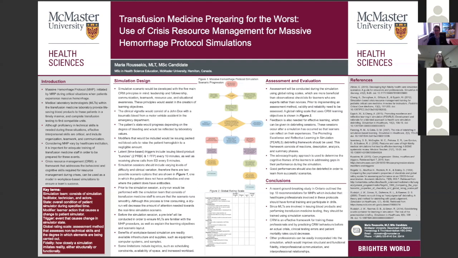The flowchart that veers to the right is a more difficult scenario in which a patient has positive antibodies present, and finding compatible blood products and performing transfusion testing is further complicated. For the simulation scenario in the flowchart that veers to the left, it is a much simpler scenario in which a patient does not have antibodies. So the transfusion testing is completed much easier.